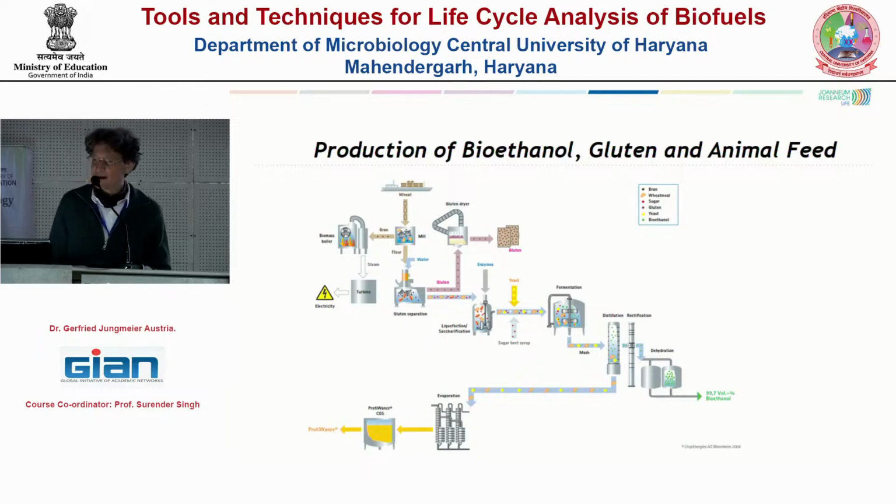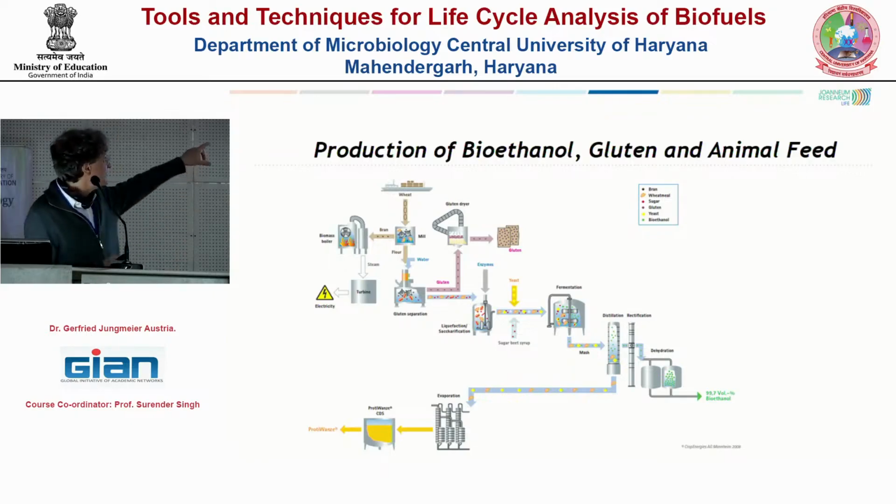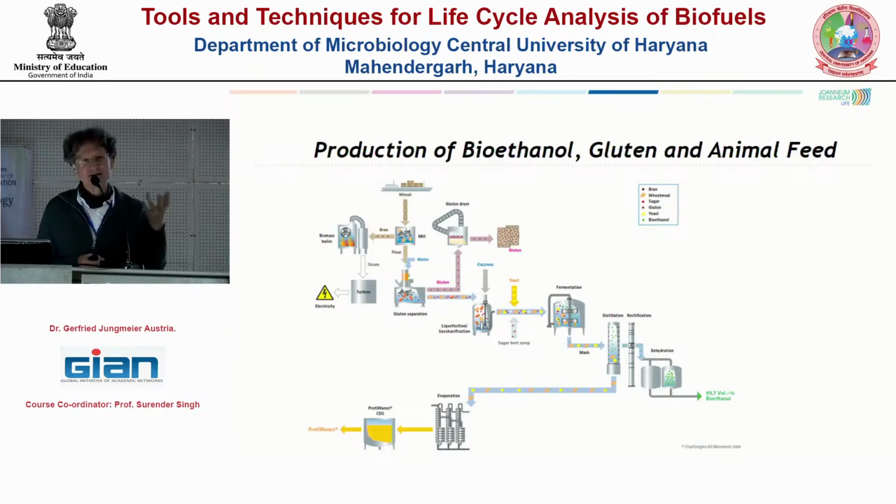This is another production of bioethanol, because we have studied many different bioethanol facilities in Europe. For example, they have a first step here. They use the bran from this wheat-based bioethanol production, and in the first step they extract the bran, because they use the bran as an energy carrier. They burn the bran to provide heat and electricity to the bioethanol facility.